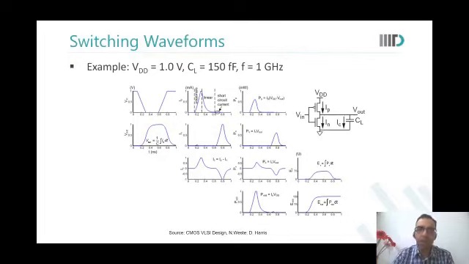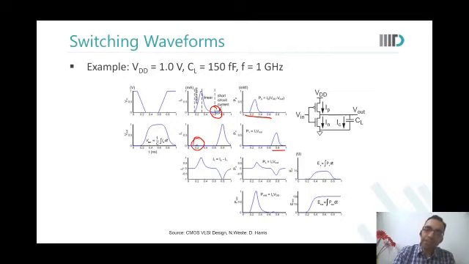Now if you plot the current through the PMOS and the current through the NMOS, you will see that they have peaks of current at different times. Over here, there is a small short circuit current peak. But largely the current is flowing from the NMOS when the output is falling and from the PMOS when the output is rising. So most of the power dissipation is happening in the PMOS on the rising side and NMOS on the falling side.